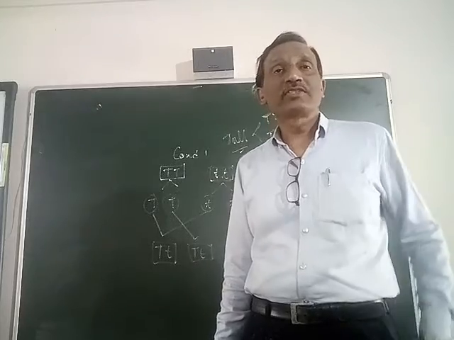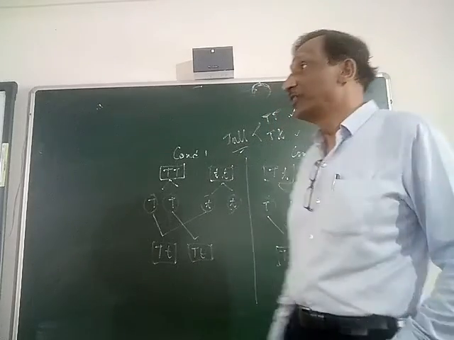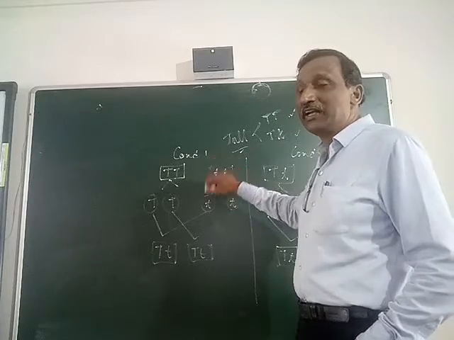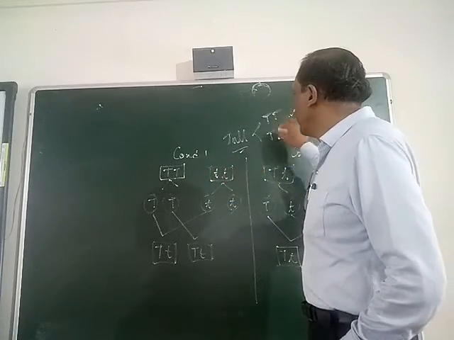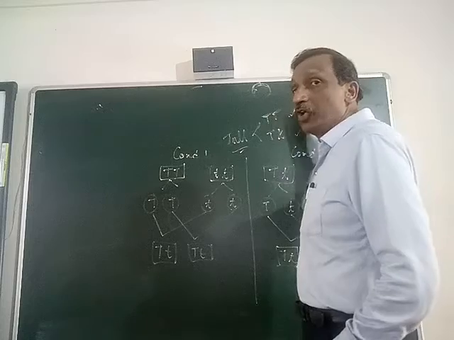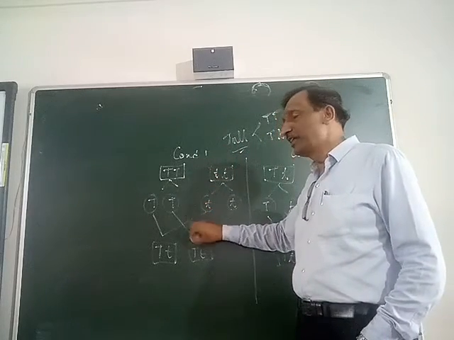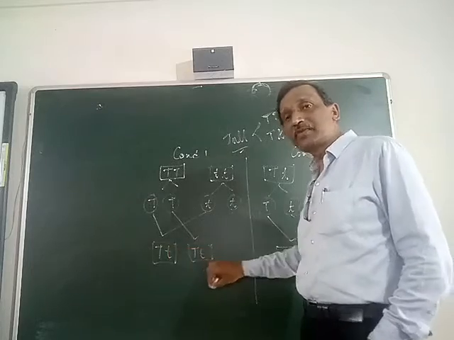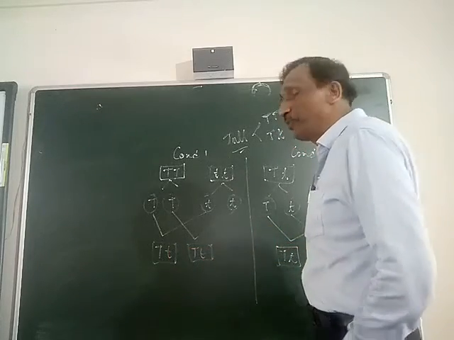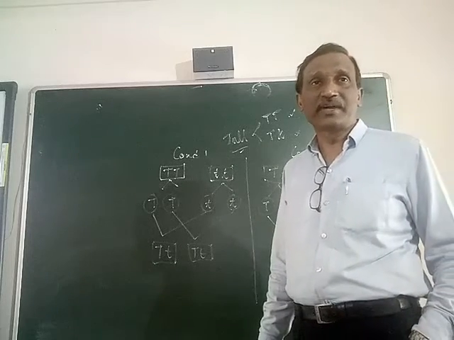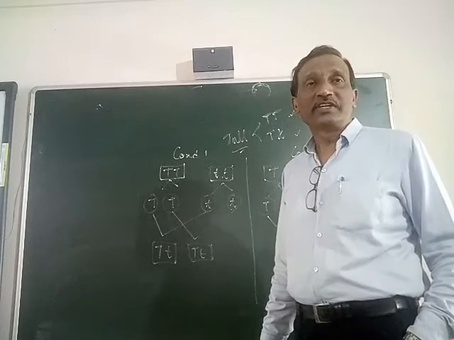So test cross is a cross in which we can find out the unknown allele combination of a dominant character, which can be homozygous or heterozygous. If it is homozygous, in the cross we will get all the same type. If it is heterozygous, we get 50% of dominant type and 50% of recessive type. Okay, so that is what the test cross was.